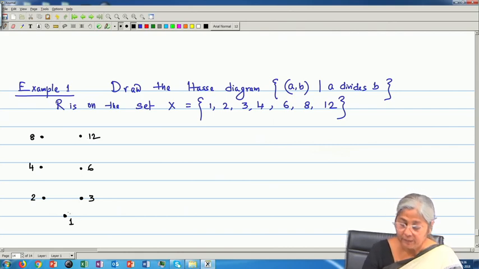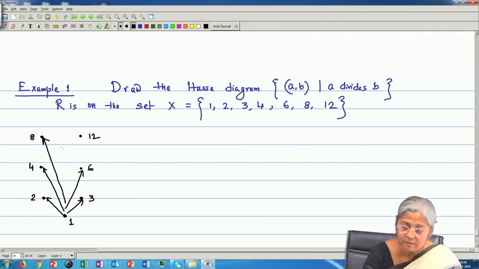So, initially there will be a directed edge from 1 to everyone: 1 to 2, 1 to 3, 1 to 4, 1 to 6, 1 to 8, 1 to 12. Then 2 divides 4, 6, 8, 12. So, 2 divides 4, 2 divides 6.